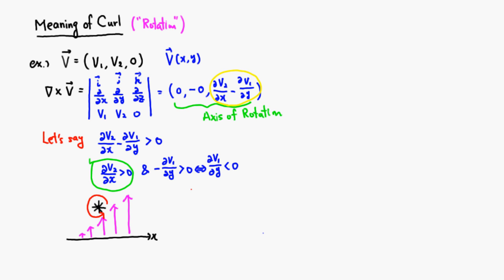How about this other term? We can do the same observation. This is with respect to y, so I'm going to do the y-axis here. V1 is the x component. The x component is decreasing, so the picture would be this: start out big and getting smaller and smaller. Again, if you visualize a turbine of some sort right here, you can see that the flow on the bottom is going to be larger than the flow on top.